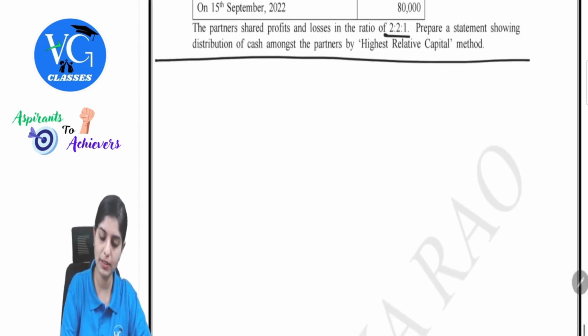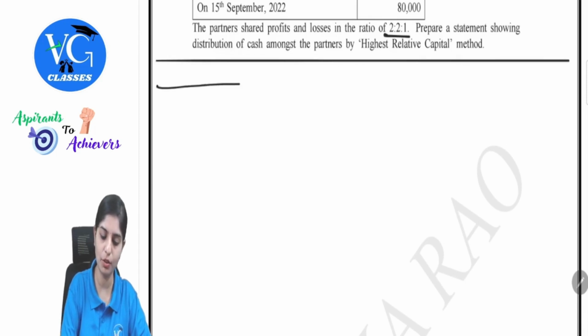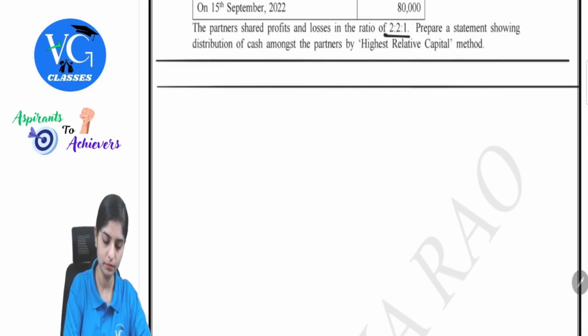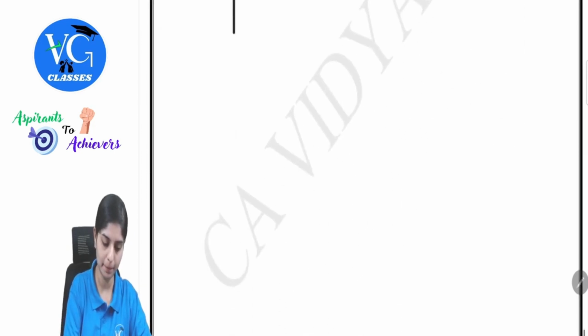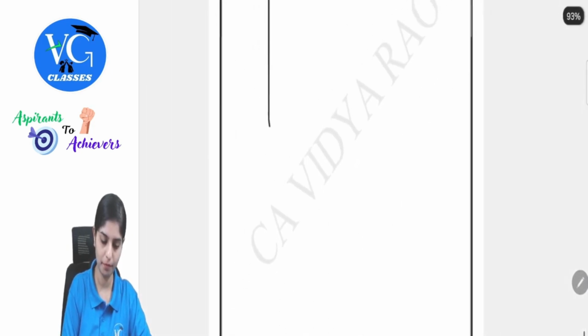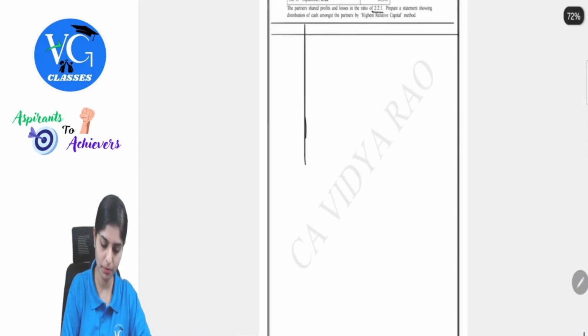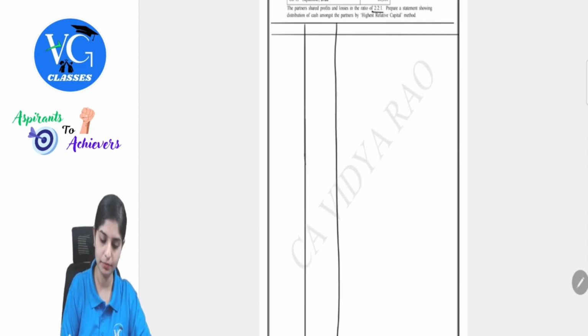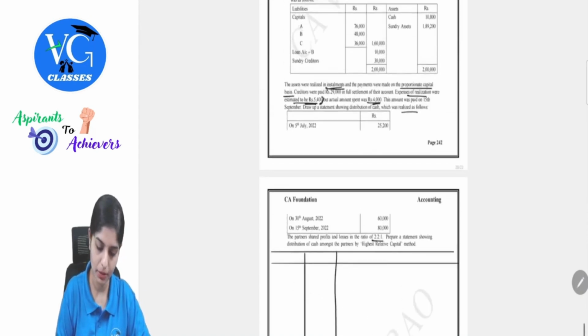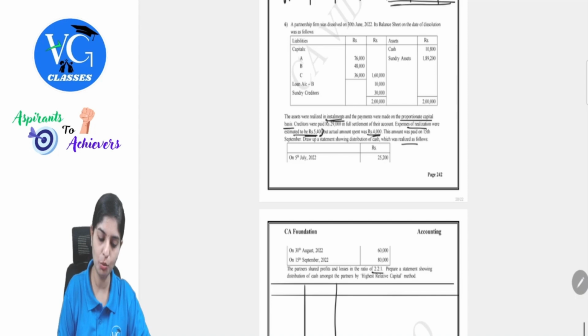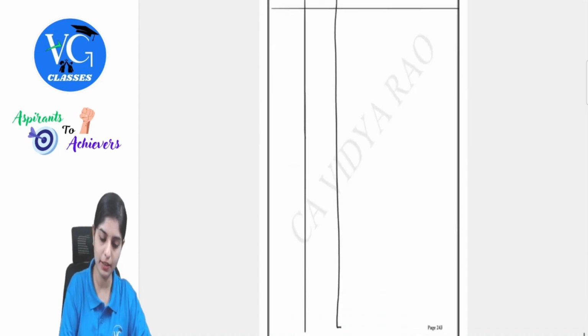So as I mentioned, the same format of statement will be drawn. First one for particulars. This becomes easier to draw. Then we have realization. What were the liabilities? B's loan account and then sundry creditors.